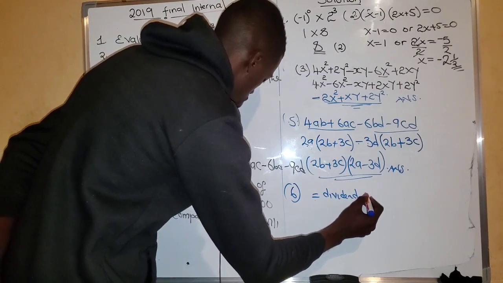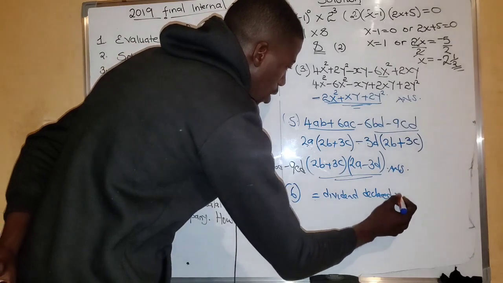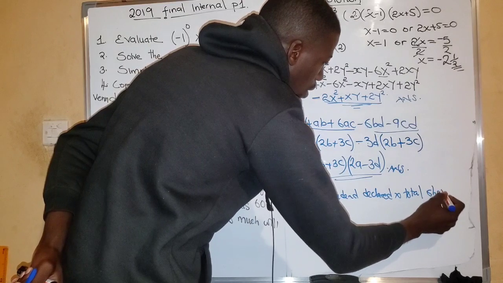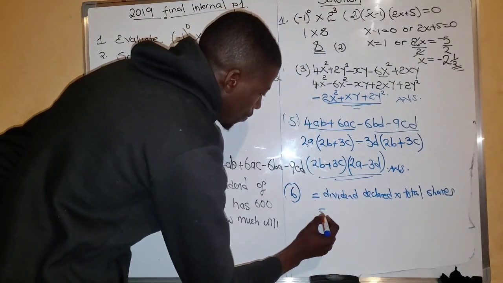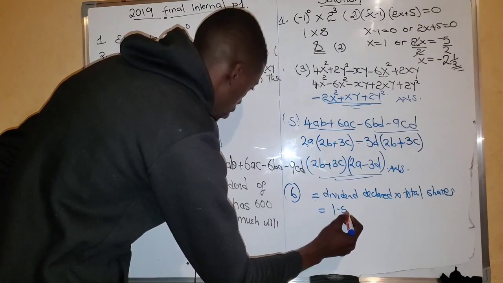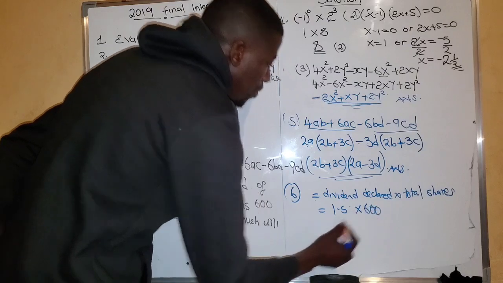So number 6, he will get the dividend declared times the total shares. So this will give us 1.5 times 600.